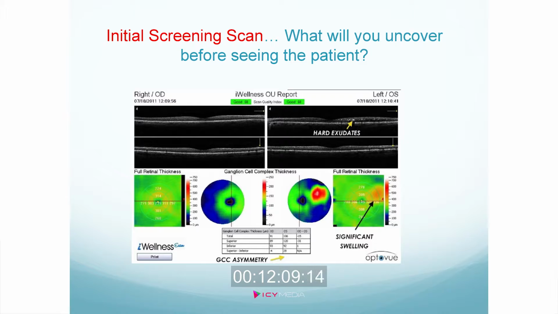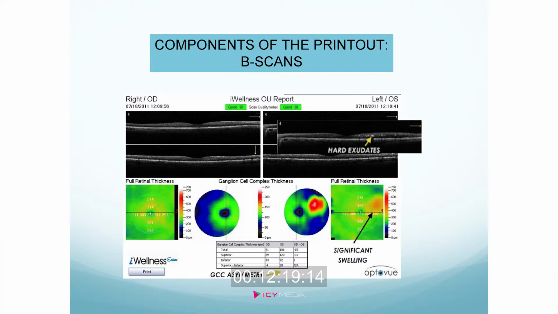I'm going to run through quickly how to interpret the scan, because once you understand how to interpret the scan, you can look at any instrument and understand the scans. The top part of the scan is your B-scan interpretation, which is your cross-sectional image of the retina. You can see here that there's a little abnormality on one section of the B-scan.